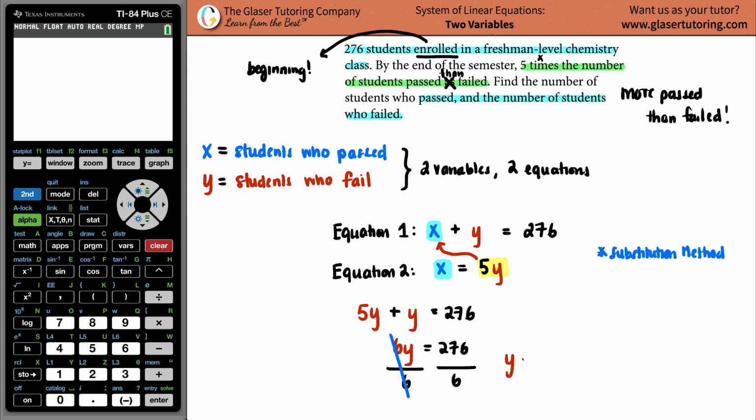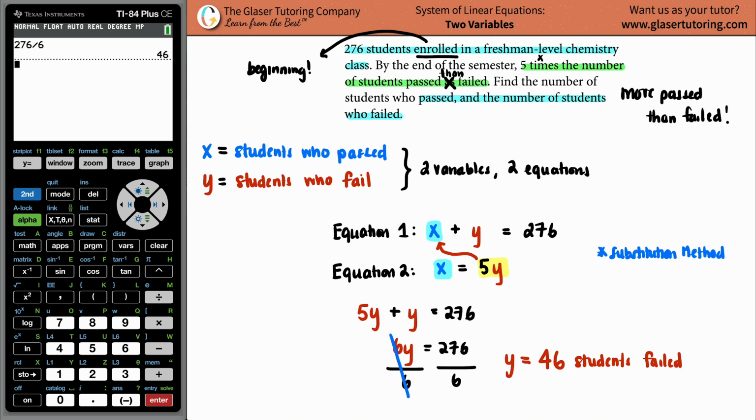So let's see. Y equals, 6 goes into 27 4 times. So that's a 3 left over, and that's a 6. If we just do the math, we always got to keep that brain sharp. There we go, 46. So Y is 46 students who failed.